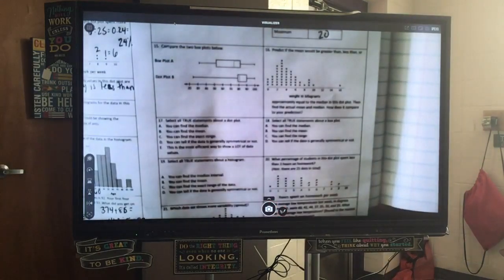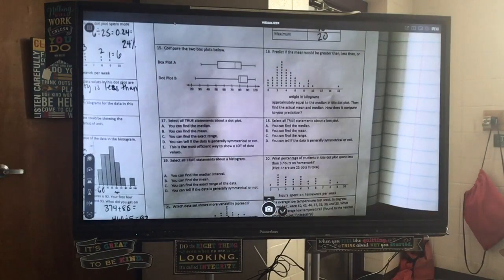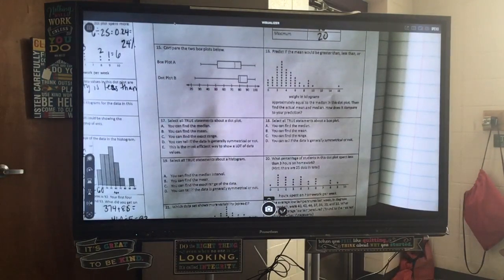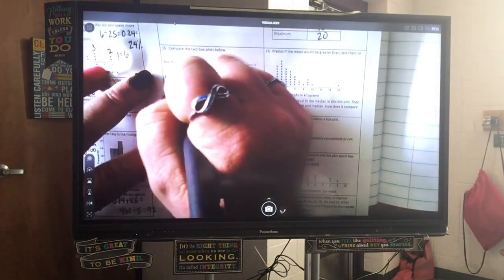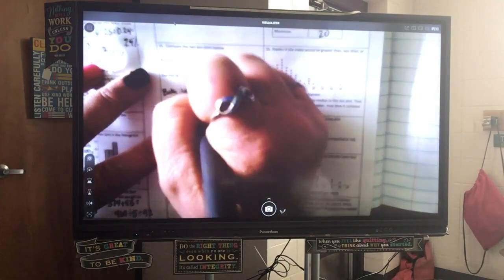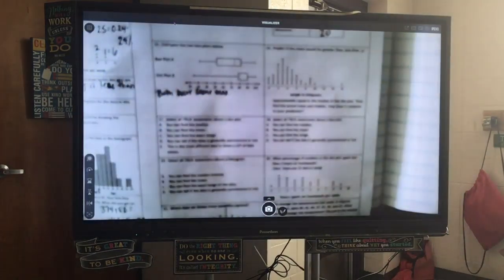15. So it says compare the 2 box plots below. What are some things that you notice between these 2? Mason? They have the same maximum. Okay. All right, what else do we notice?